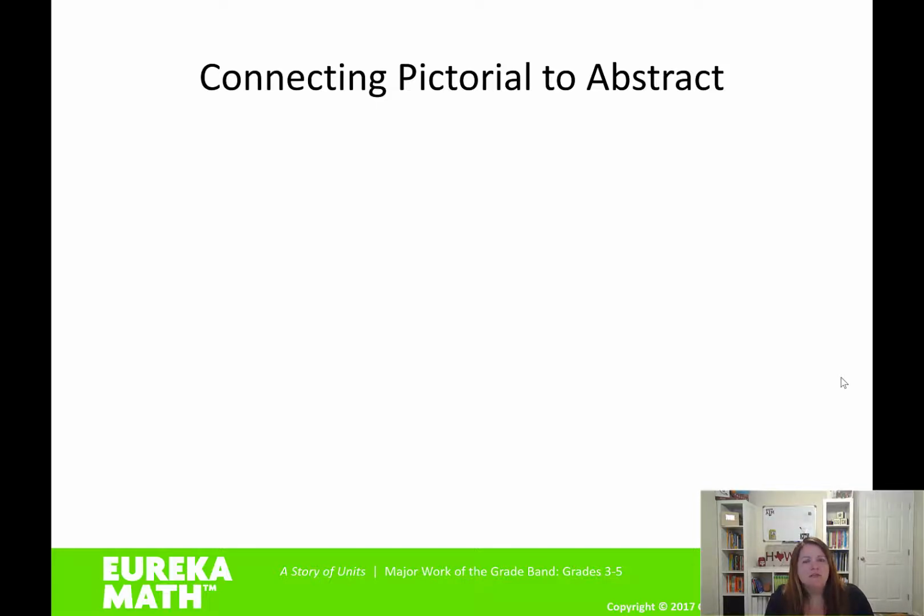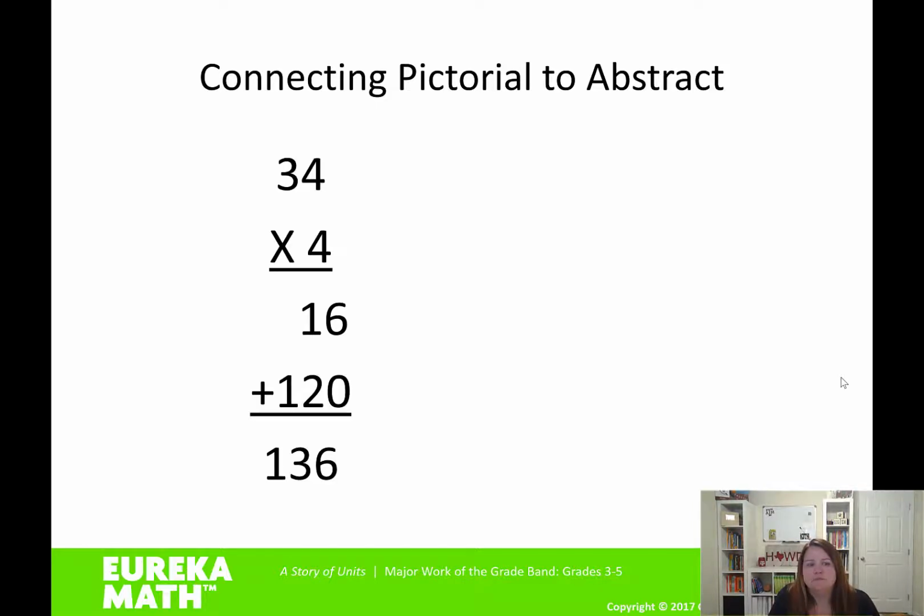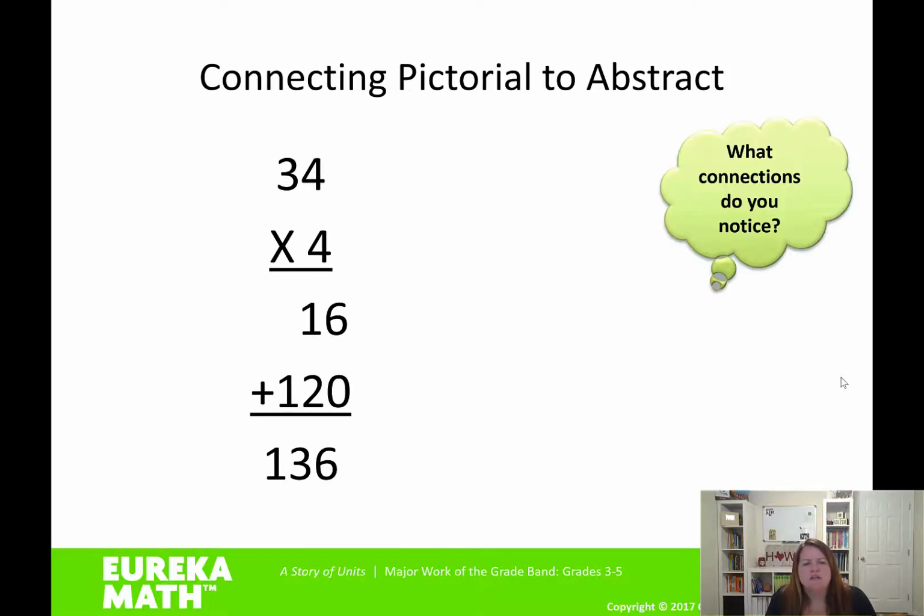Let's take a moment and look at the abstract representation for the problem that we just saw in the model I just did. So again, we used a partial product method here to solve in this abstract representation. What connections do you notice now between the abstract and the pictorial representation?